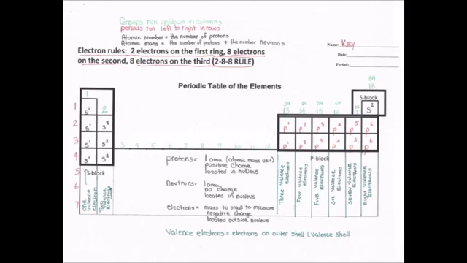We saw that all of the group 2 elements had an S2 configuration and 2 valence electrons. As we skip over the transition metals, groups 3 through 12, we take a look at 3A or 13.